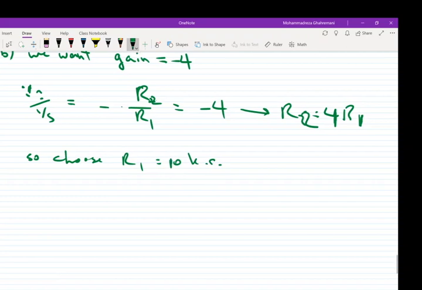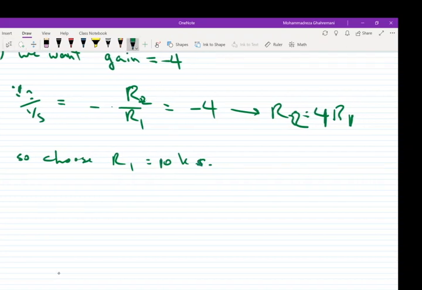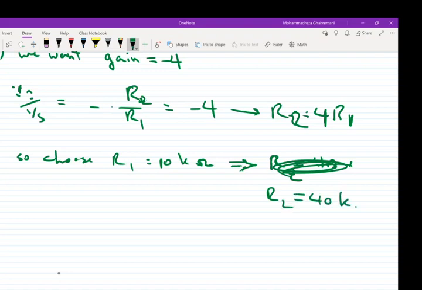Okay, so if R1 is equal to 10 kilo ohm, we can conclude that as a result R2 should be equal to 40 kilo ohms.